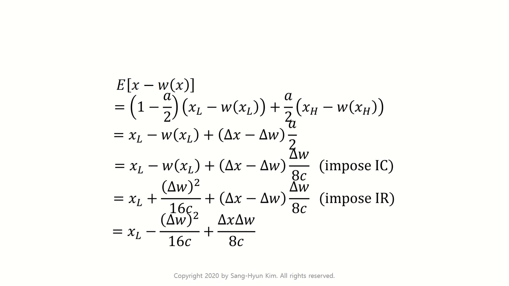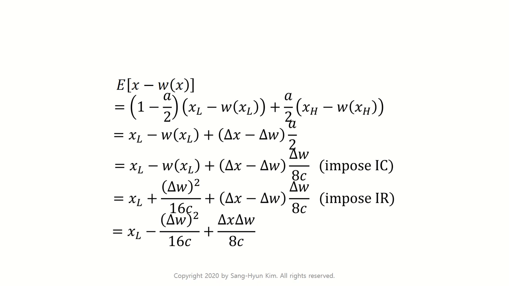So as you can see, we impose the binding IR constraint in the way to replace WL, or W of XL, by minus delta W squared over 16C. And then you just calculate the difference between delta W squared over 16C minus delta W squared over 8C, and then we derive the expression at the bottom.